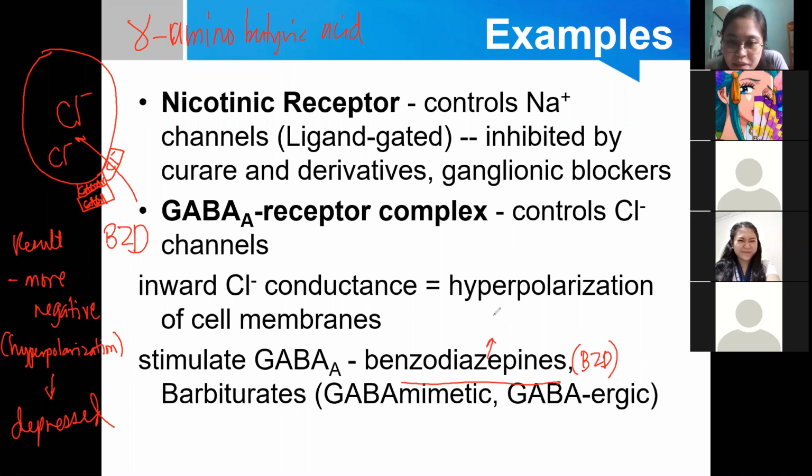So, example sa benzodiazepines, mo na itong mga diazepam. You're familiar? Familiar kay benzodiazepine? Yes, ma'am. Okay. Again, example ni benzodiazepine, diazepam. Napatay, midazolam. And then we also have alprazolam.